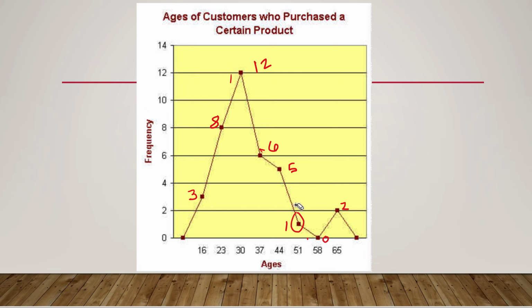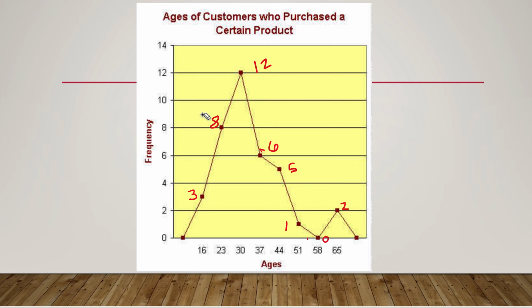All right, so what I'm going to need to do now is take these numbers and add them up. That will tell me how many total people I have in the survey. So I'm going to grab my calculator. 3 plus 8 plus 12. That kind of looks like a 1 sitting right there, but it is not. 3 plus 8 plus 12 plus 6 plus 5 plus 1 plus 2.